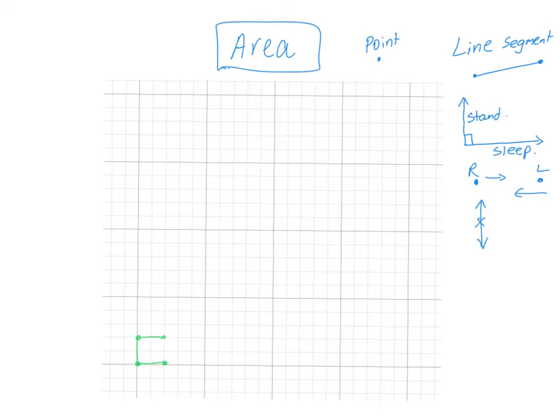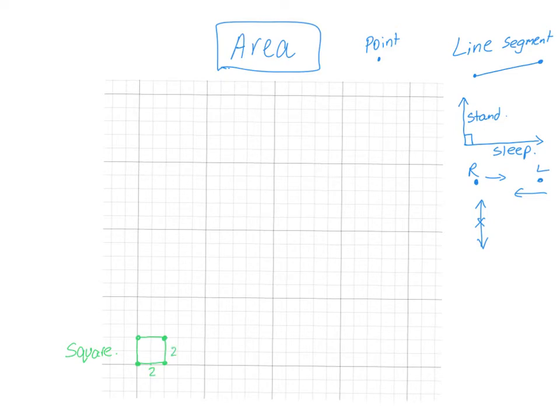Now we've given these names to these shapes, right? Everyone watching this video will recognize this as a square. Now how many steps did I take here? 1, 2. And how many steps did I take here? 2.